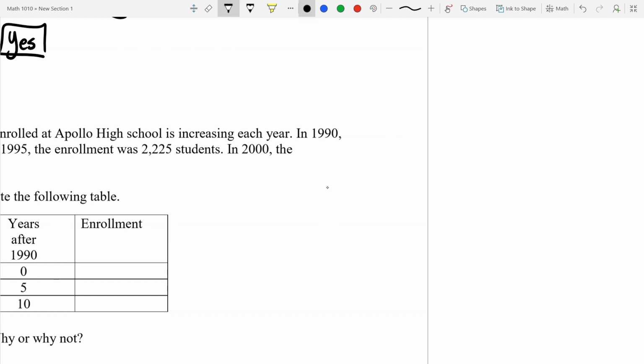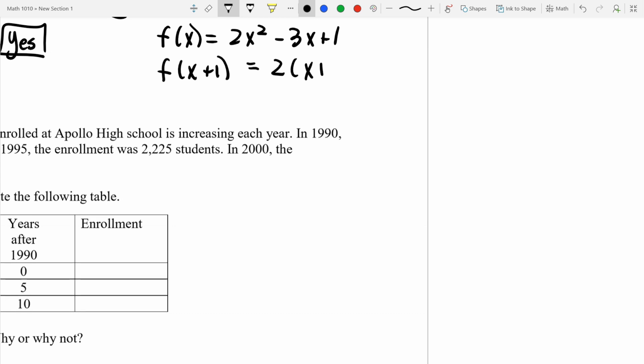Okay, do me a favor and look right here for a second. Okay, what if you had this? Just look. If you had f of x is 2x squared minus 3x plus 1, and they want you to find f of x plus 1. Look what some of you are doing, okay? You're going 2 times x plus 1 squared minus 3 times x plus 1 plus 1.